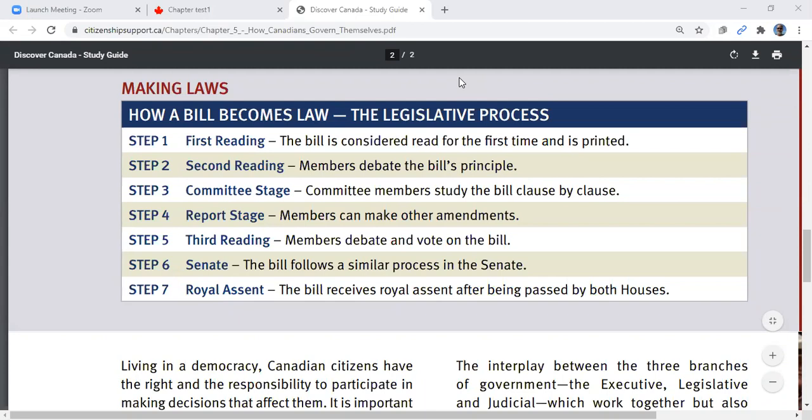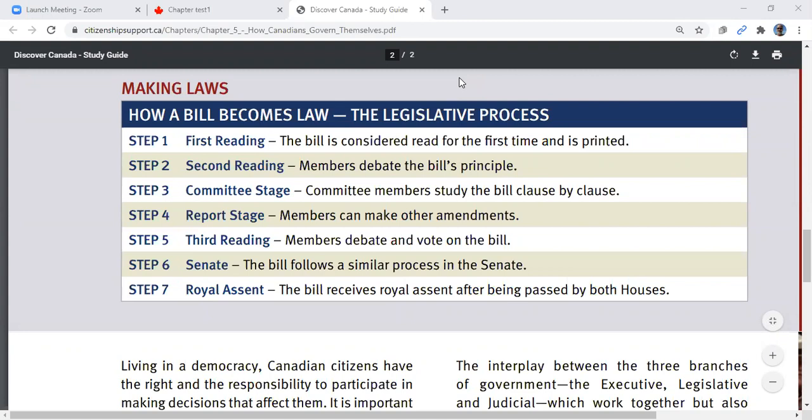Okay. How a bill becomes law. The legislative process. Step 1. First reading. The bill is considered read for the first time and is printed. Step 2. Second reading. The bill's principle. Step 3.